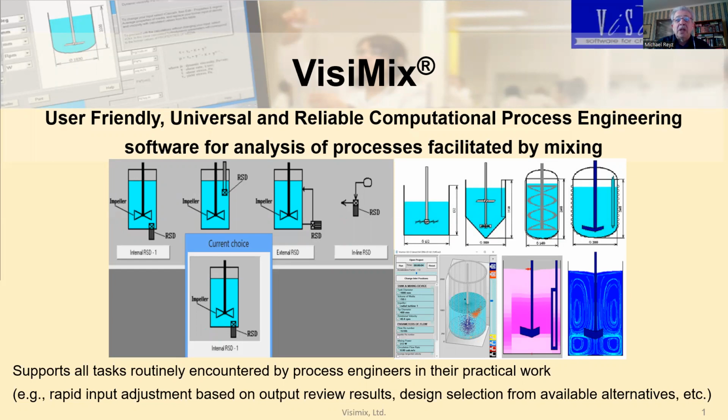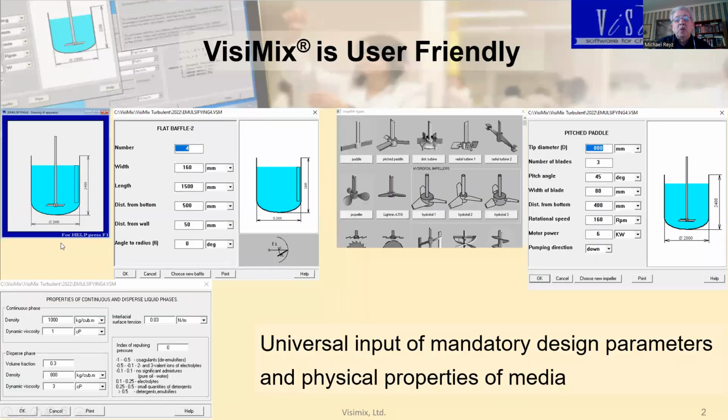Right now, let's go step by step, and let me demonstrate to you, first of all, that it is indeed friendly, universal, and reliable. Here we have the same screens that we just saw in my small demonstration, combined together in a single slide. Basically, we are talking about universal input of mandatory design parameters.